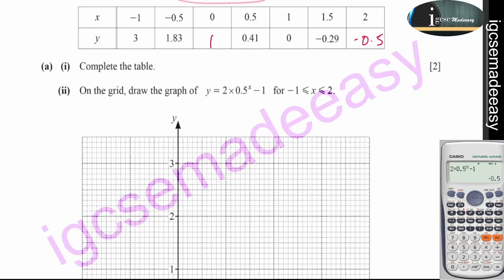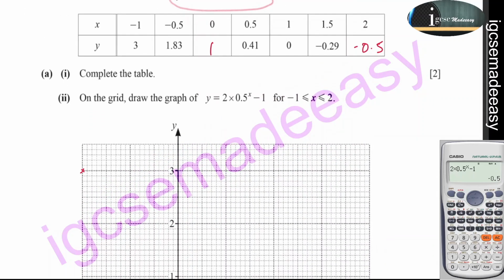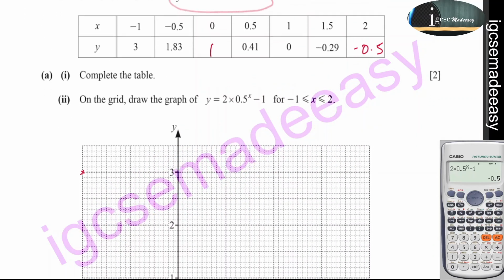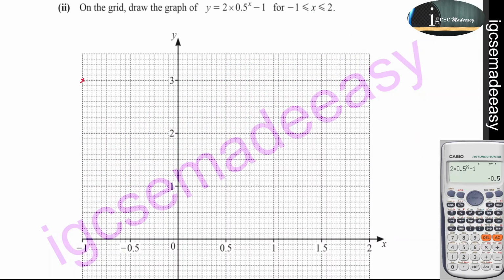So the first value is -1, 3. So -1, 3 will be this. Then the second value is minus 0.5 and 1.83, somewhere here.